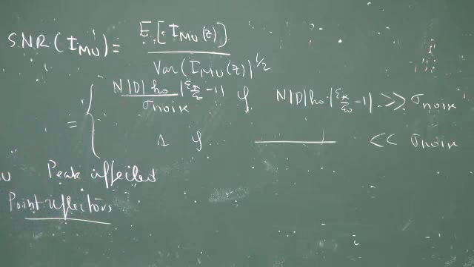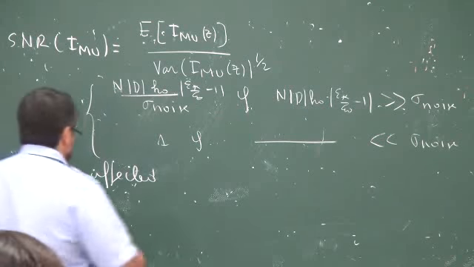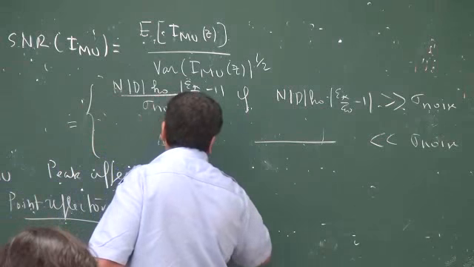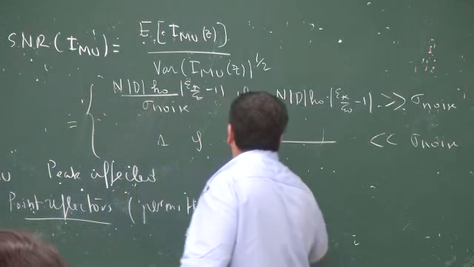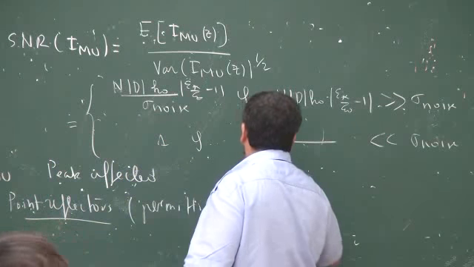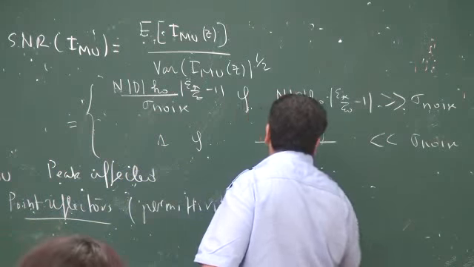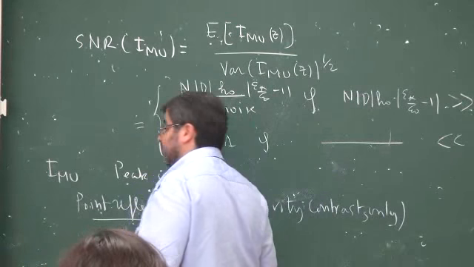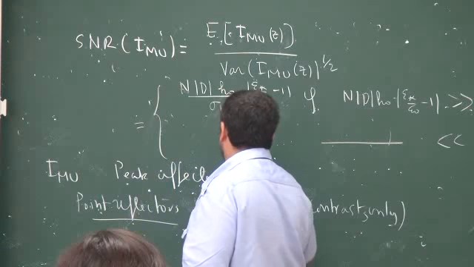If they are magnetic, the structure is more complicated. For point reflectors, so permittivity contrast only, a reverse time migration is the most stable.